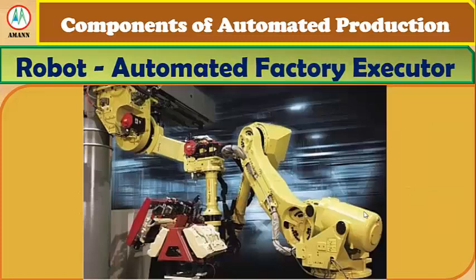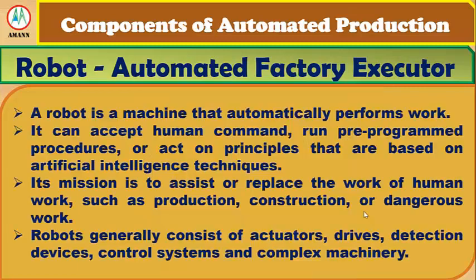Another component of automated production is a robot that is known as the automated factory executor. A robot is a machine that automatically performs work. It can accept human command, run pre-programmed procedures, or act on principles that are based on artificial intelligence techniques.